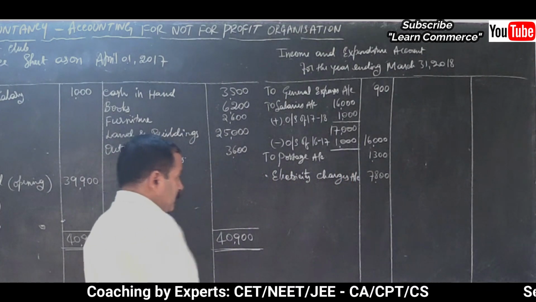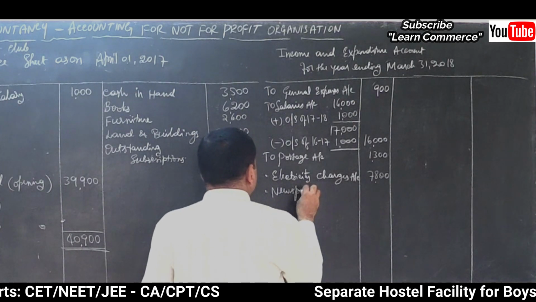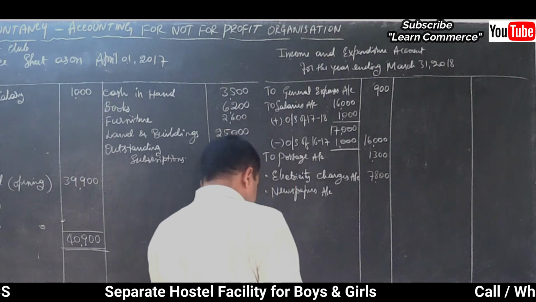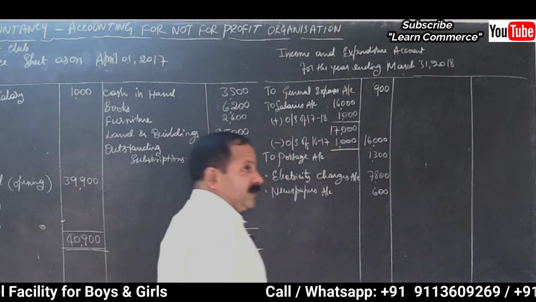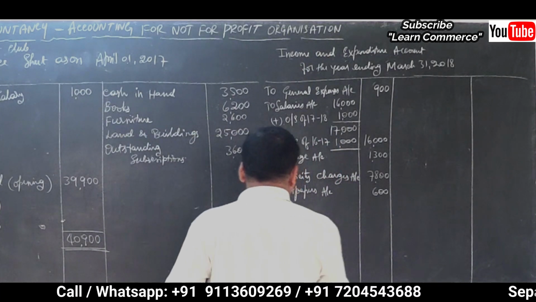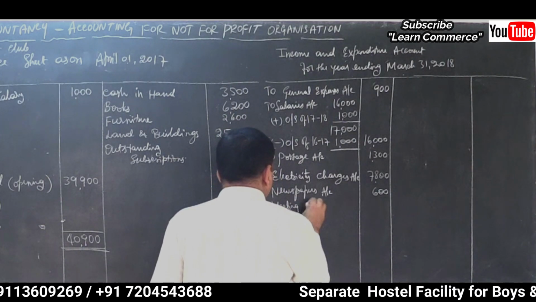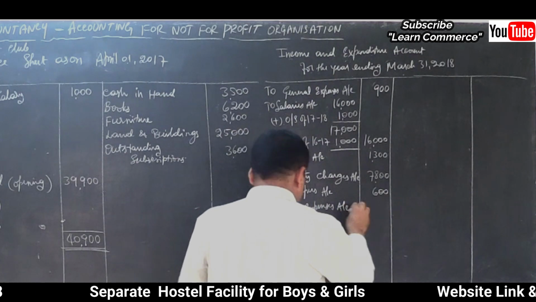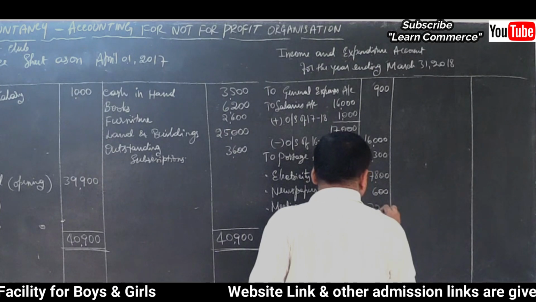Then newspapers account, how much? 600. Then meeting expenses, how much? 7,200.